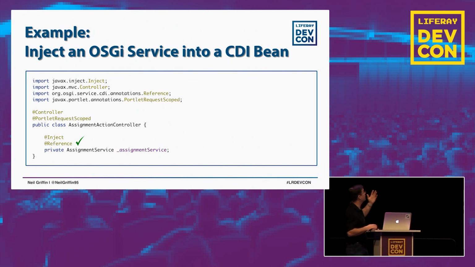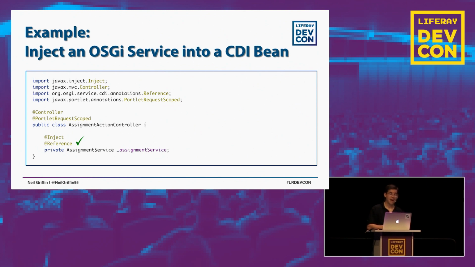So you can see this example right here, where this is actually from the source code of that gradebook example I showed you, the master detail CRUD portlet, where it's using @Controller from the MVC spec. So this is when I submit an assignment, when I hit the submit button.